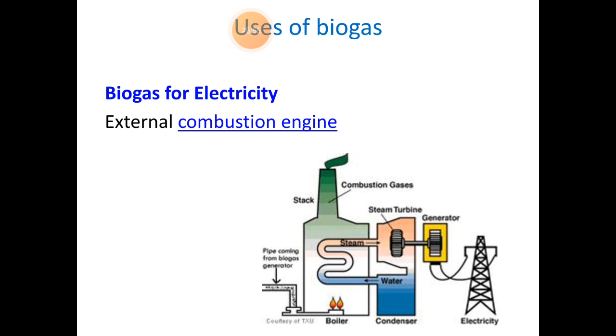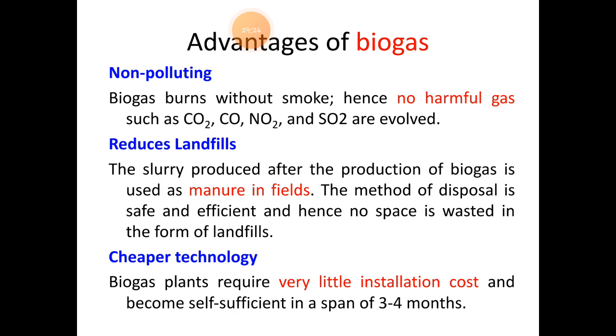The wider use of biogas in present days is to generate electricity. Here in the picture, you can see the generation of electricity from biogas. How? Biogas is used to boil water in a furnace to form steam. This steam is used to rotate the turbine attached to it, which will generate electricity, and this electricity is stored and utilized when the need arises.